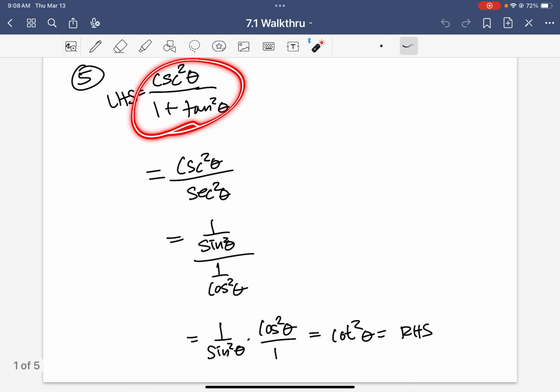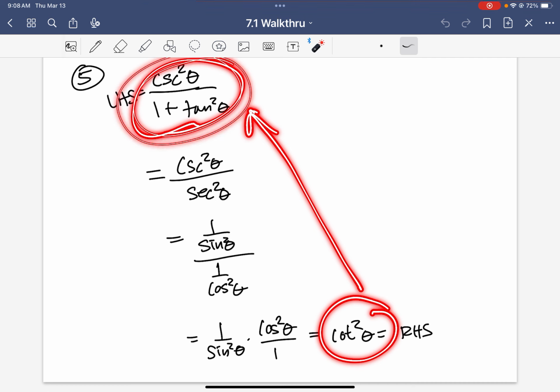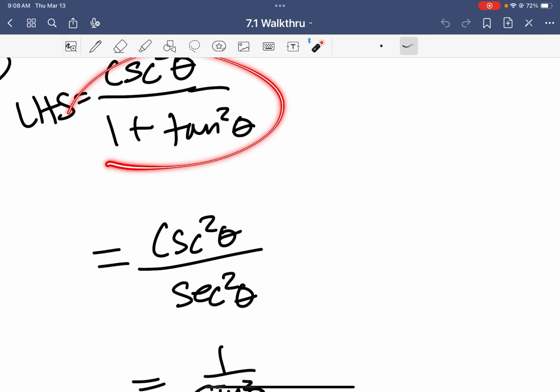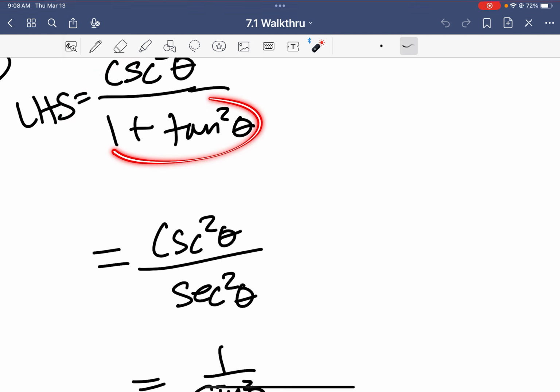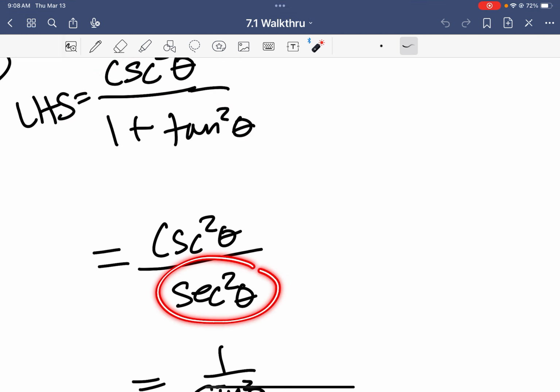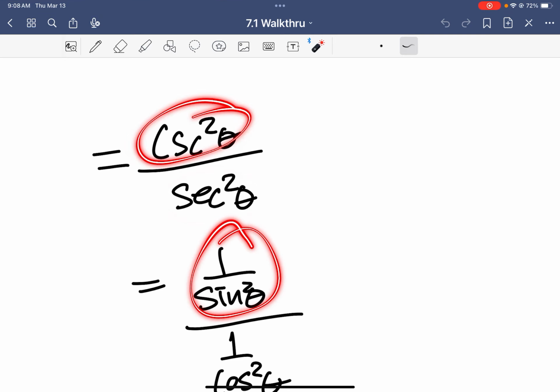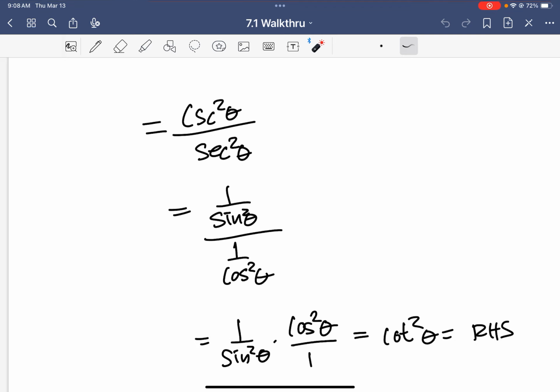Now, if you're trying to get from this to this, again, I'm going to use this side first because there's more stuff to work with. So in the back of my mind, I always think, okay, I'm wanting to go towards cotangent. Well, when I see this, I know that 1 plus tangent squared is secant squared. And then I can rewrite everything in terms of sine and cosine. So cosecant is 1 over sine, so cosecant squared is 1 over sine squared.